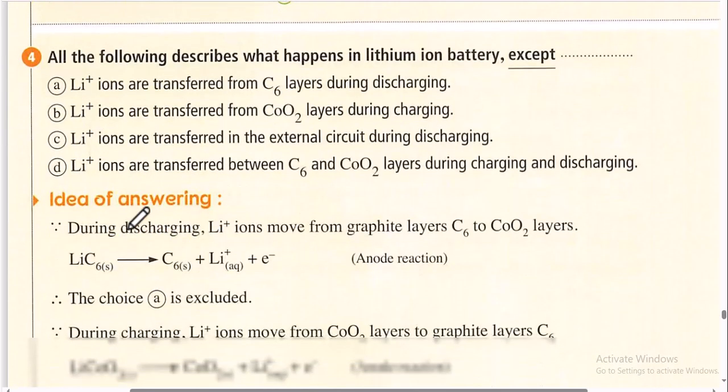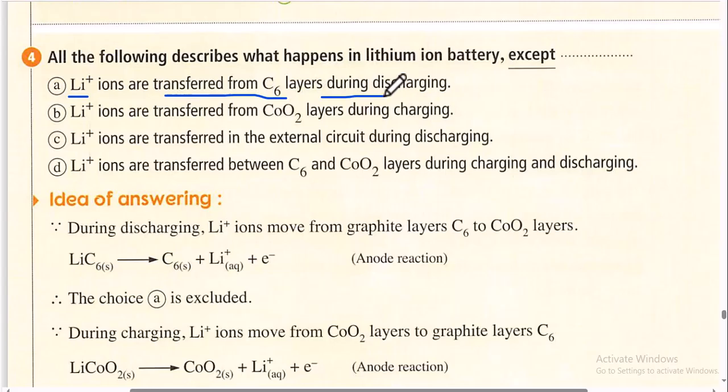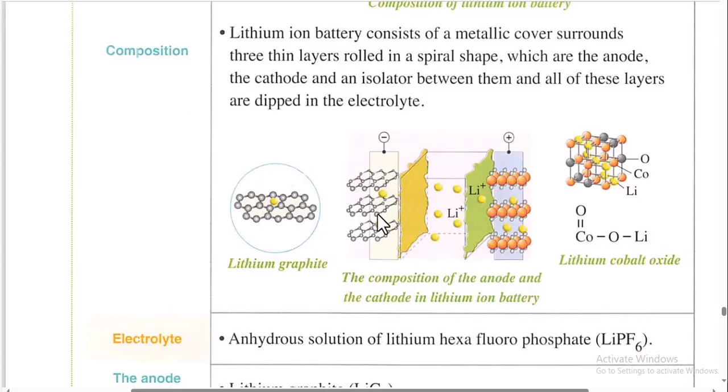Another question: all the following describe what happens in the lithium ion battery except. So the correct answer is the excluded one. Lithium ion is transferred from the graphite layer during discharging. Yes, lithium ion leaves the anode, which is lithium graphite, and goes through the electrolyte, lithium hexafluorophosphate, to the cobalt 4 oxide at the cathode.